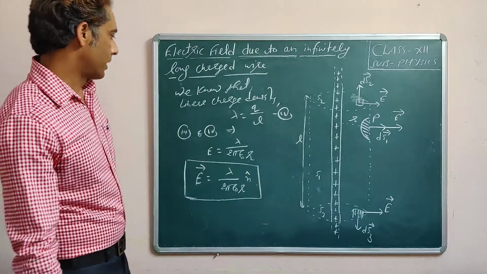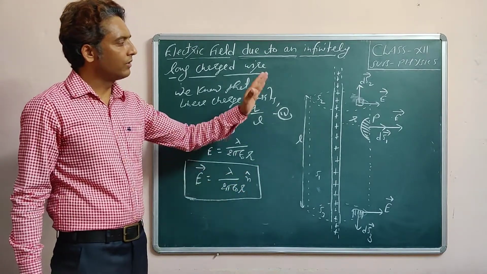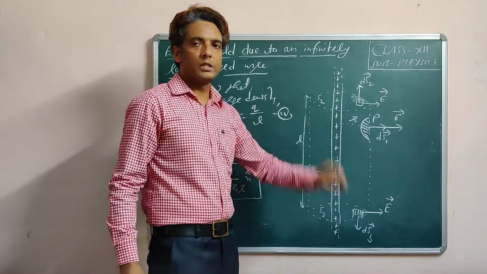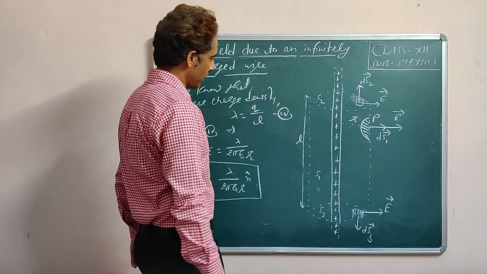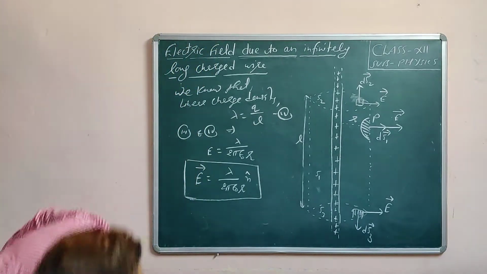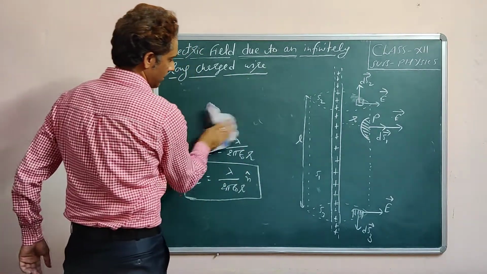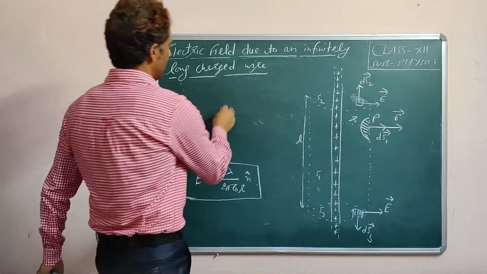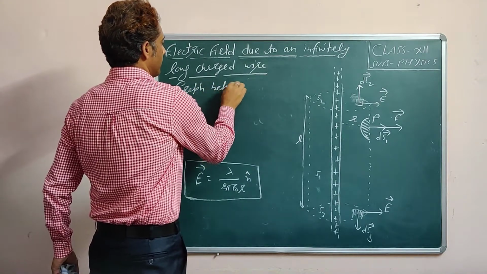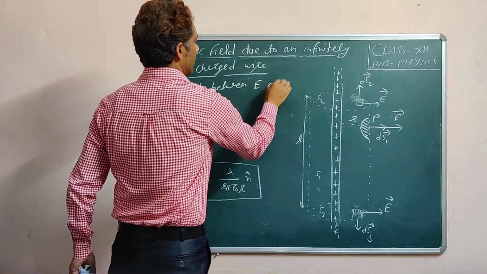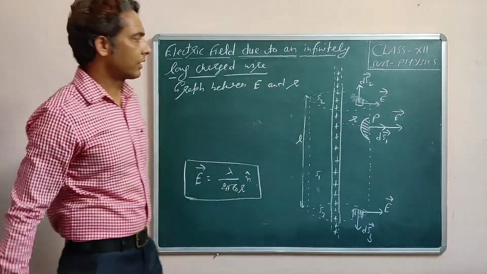Now if we plot graph between electric field and distance of the point from the wire, this distance is the perpendicular distance from the wire. So if I plot, the graph will be like this. Graph between electric field and perpendicular distance of the point from the wire where we have calculated electric field.